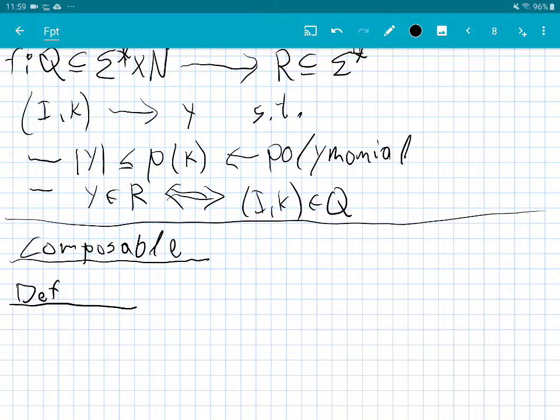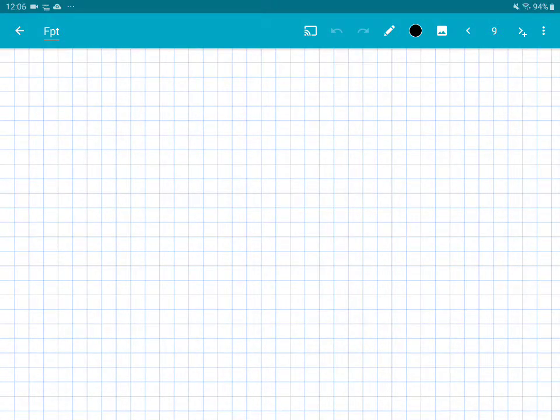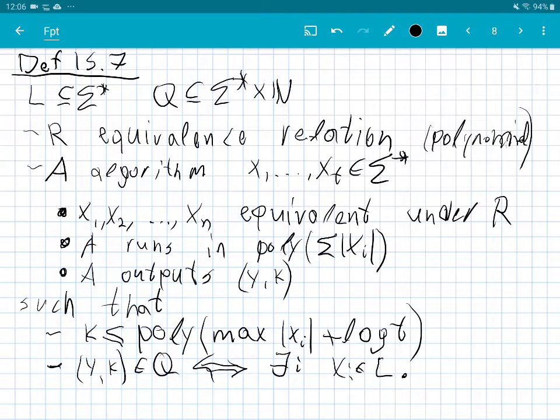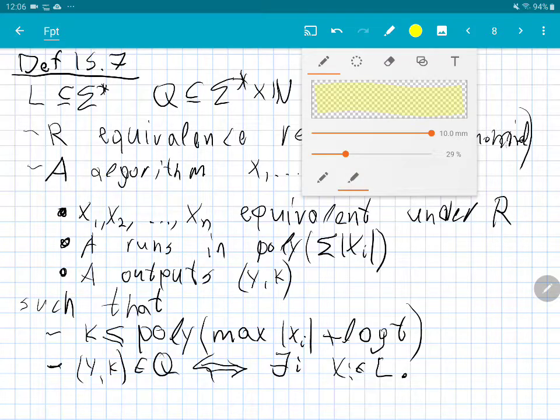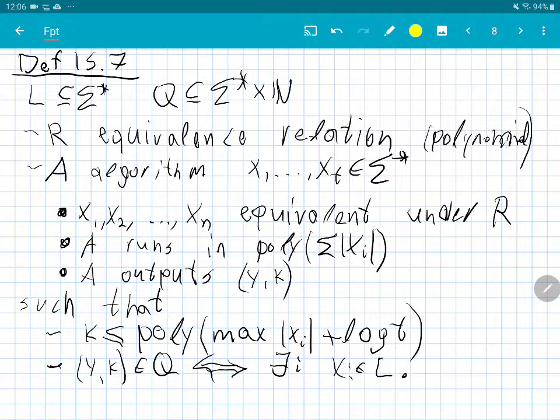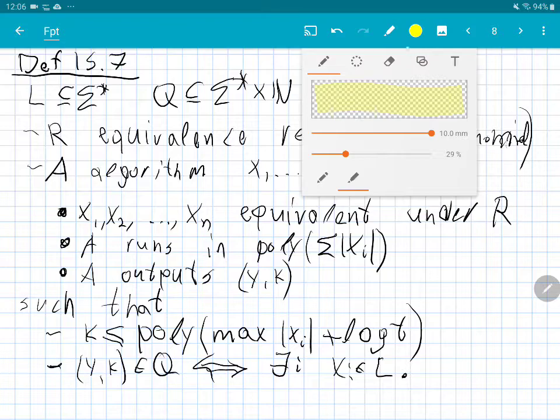So what is the definition? This defines cross composability, this definition 15.7, and I should maybe write what it says first.